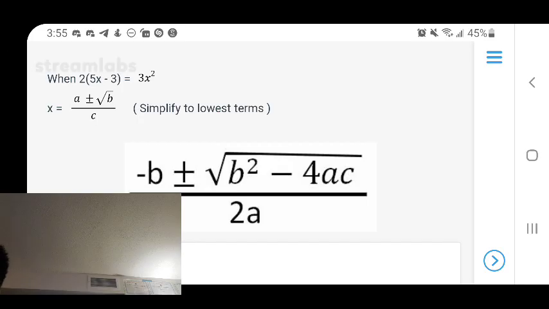Negative b is 10 because b is negative 10. Plus or minus b squared is 100, minus 4 times 3 is 12 times 6.